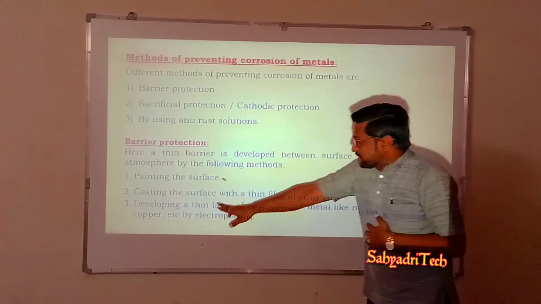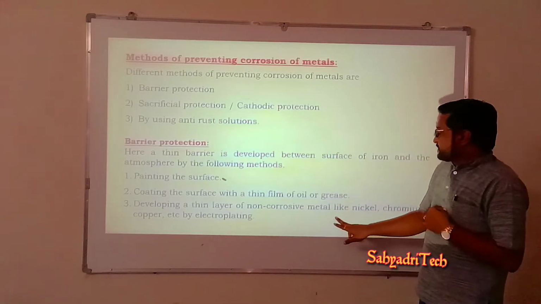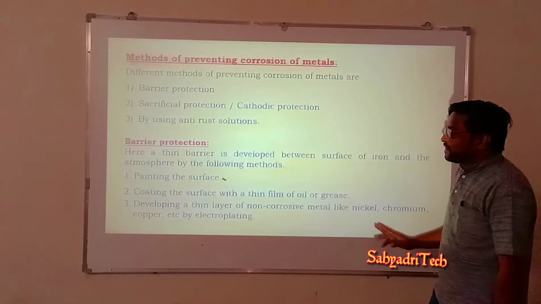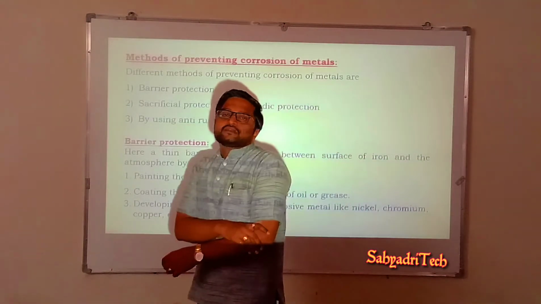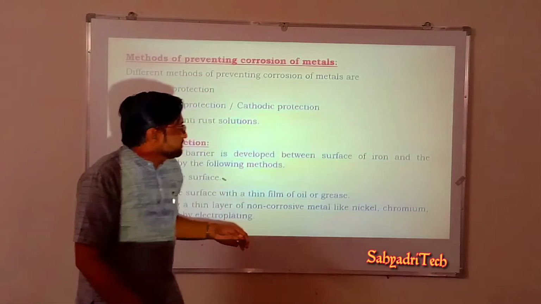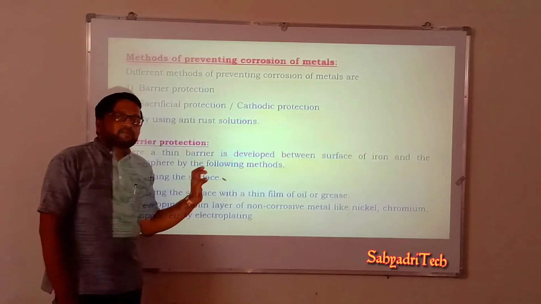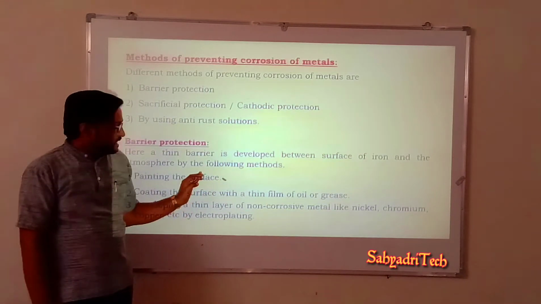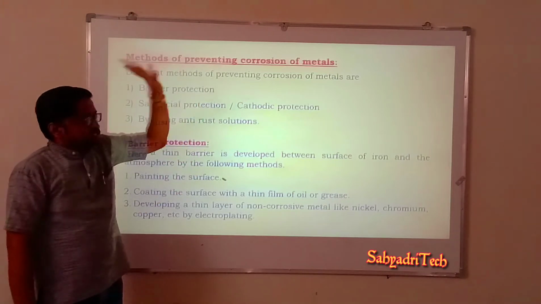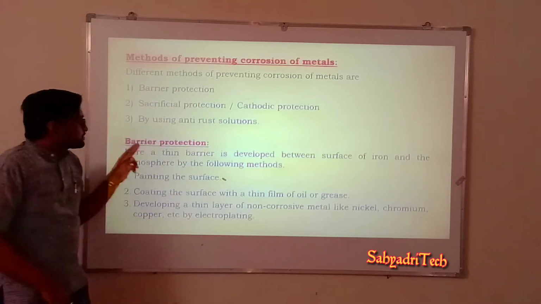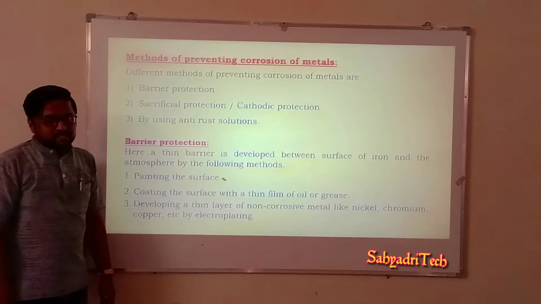So by developing a thin layer of non-corrosive metals like nickel, chromium, copper by electroplating technique. So these are the three ways by which we can create a barrier between metal surface and atmosphere, so that we can prevent the corrosion of metals. So it is regarding the barrier protection method.